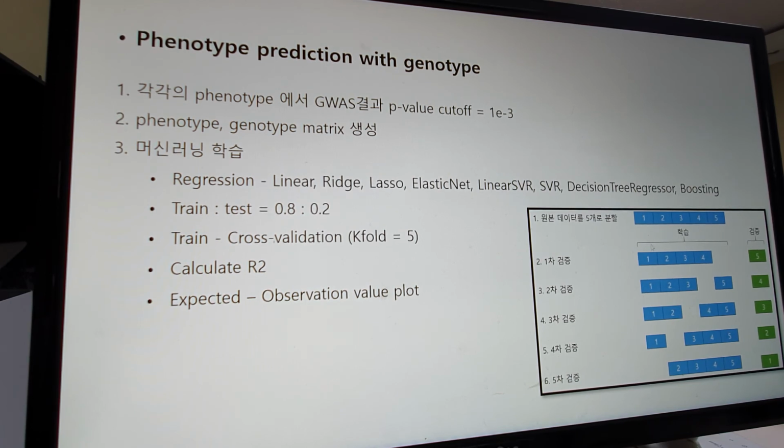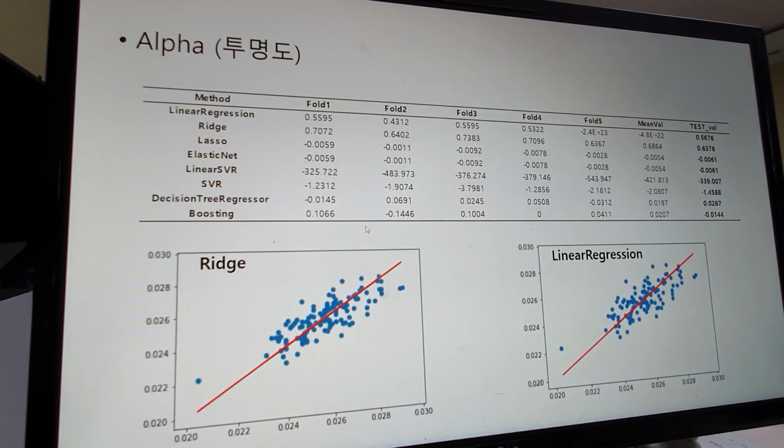We did K-fold cross validation, taking 80% as training and 20% as test. We found that for one of the phenotypes, this is alpha, we could get more than 63% prediction accuracy with ridge regression.